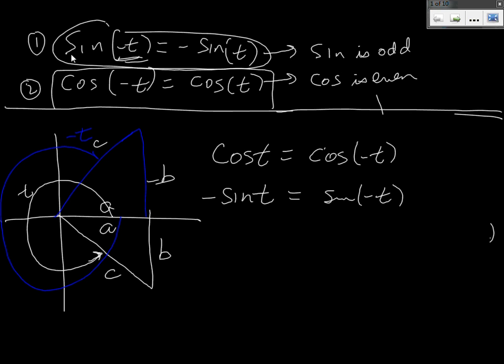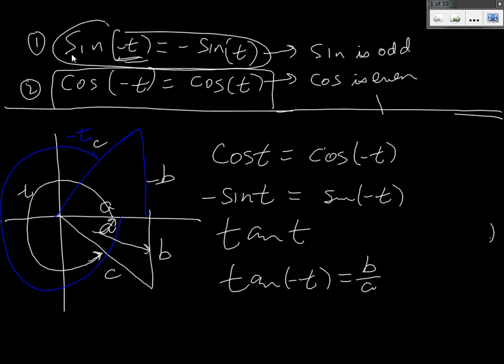Now, while I was doing this in all 4 quadrants, I could have talked about the tangent of t and the tangent of negative t. For example, in this example, the tangent of t is opposite over adjacent. It would be b over a.